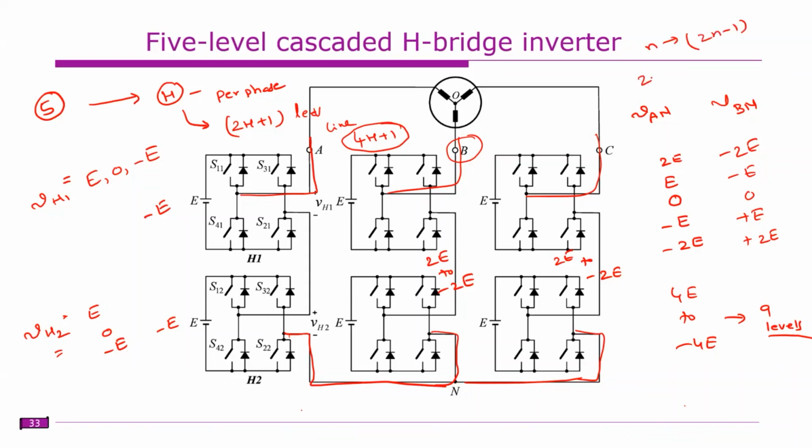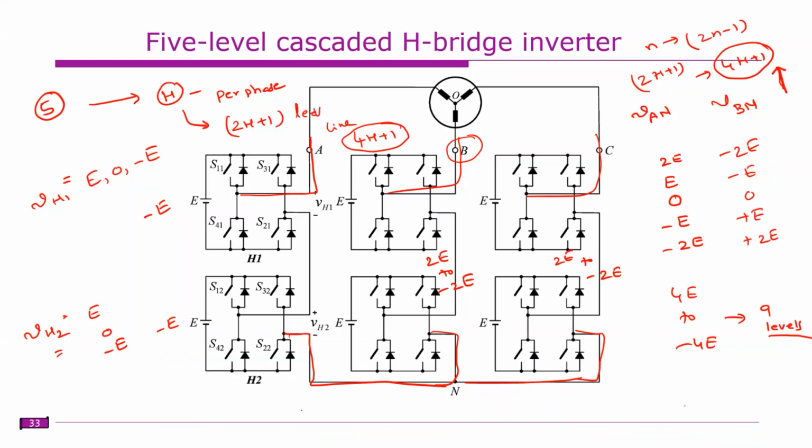Similarly, you have 2H plus 1 number of levels, so you get 4H plus 2 minus 1. So that will be 4H plus 1 only. Agree?